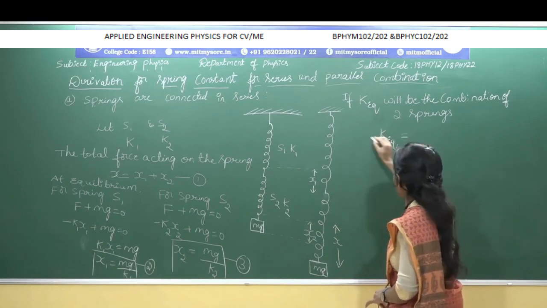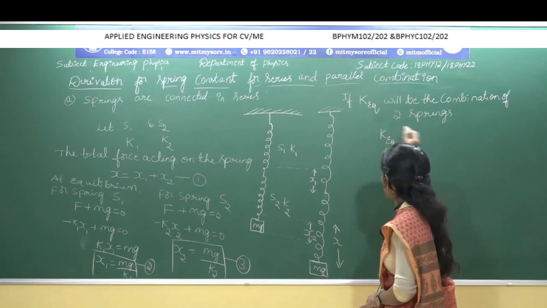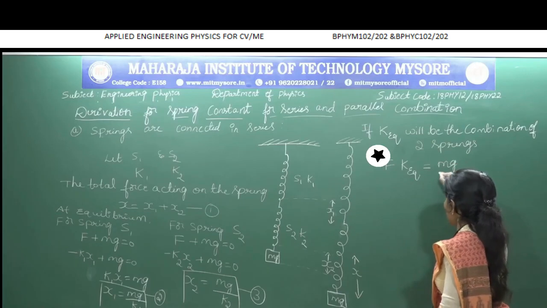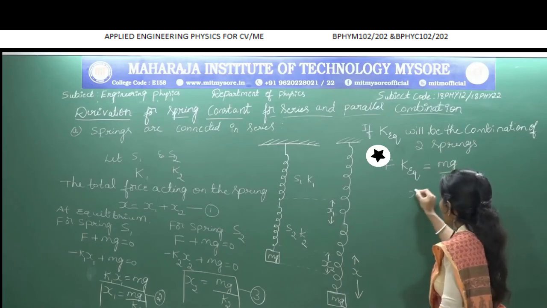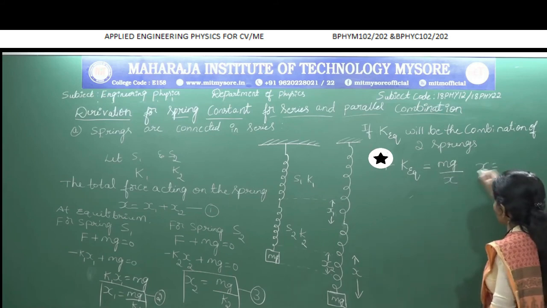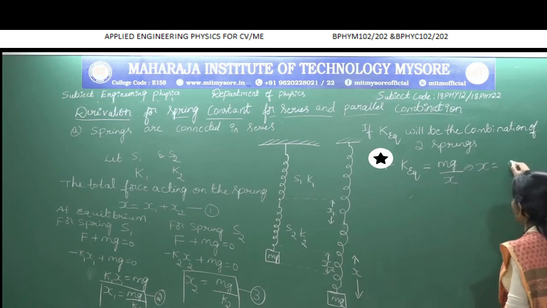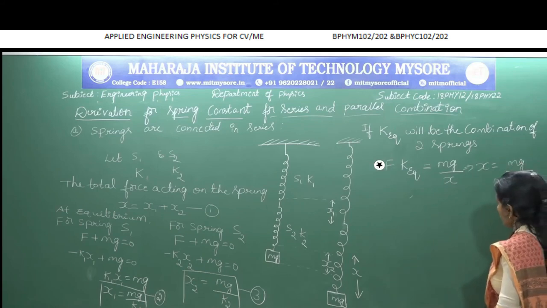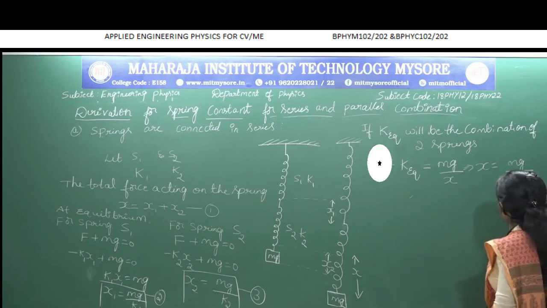If K equivalent is equal to mg by x, then x is equal to mg by K equivalent.